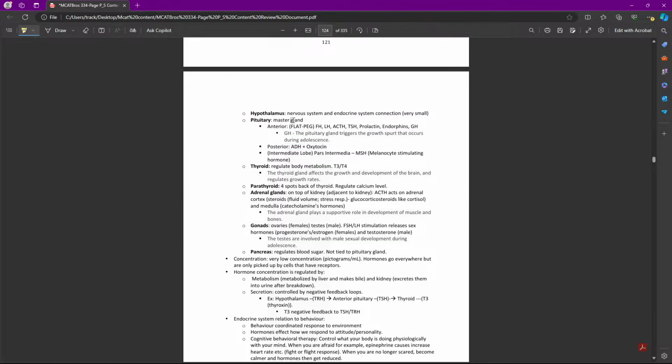So, we have the hypothalamus, which is generally the homeostasis regulator of the body through different pathways. So there's many different axes: HPT, HPA, HPG, and HPP maybe.